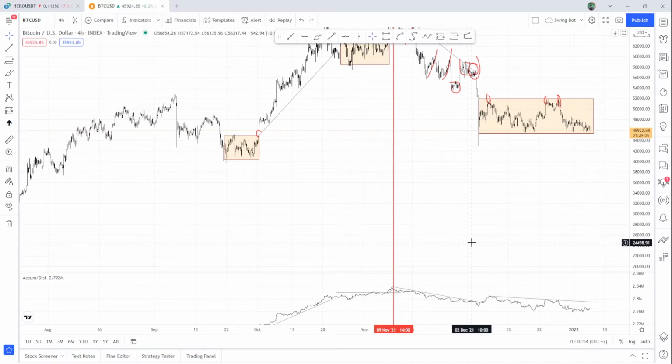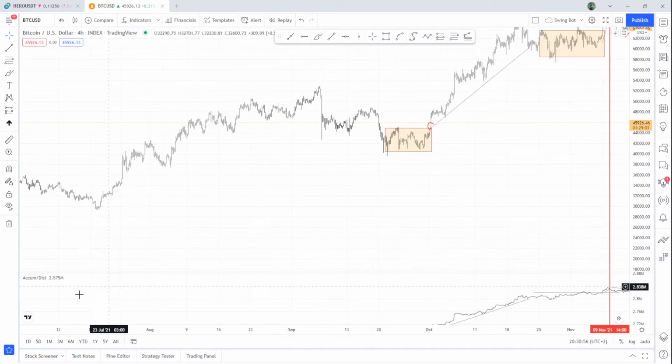So this is accumulation and distribution. Sorry. The accumulation and distribution indicator uses volume and price to assess whether a coin is being accumulated or is in distribution.